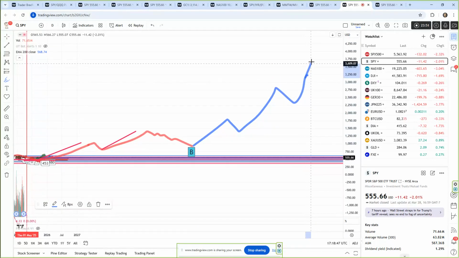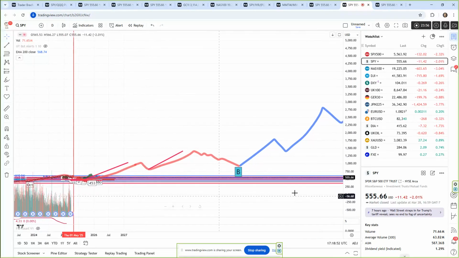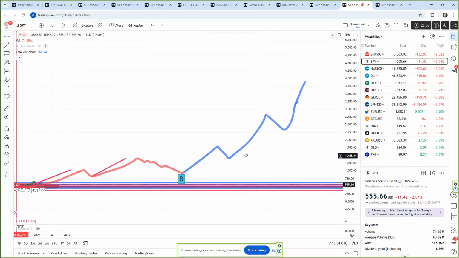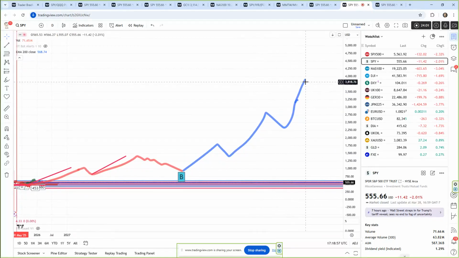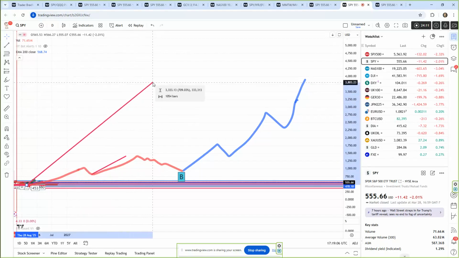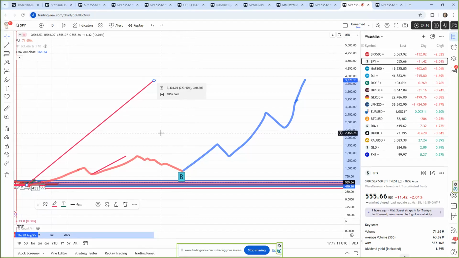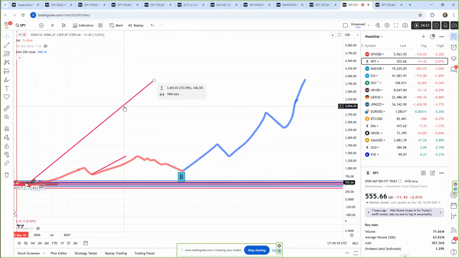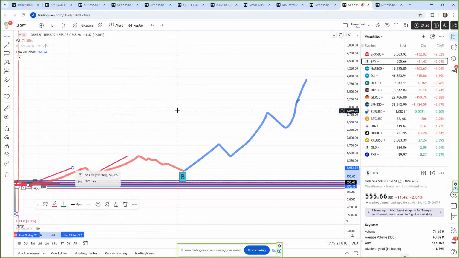Yeah, and this has got to go up a little more, right about there. So imagine we're at 555 now, and I'm telling you, we could be up at 3,800 by about 2035, 2036, about 10 years from now. How about that? That's a 720% move. What would you do if I told you that in the next 10 years, the markets could move up 700%? You think I'm crazy? Well, watch gold and silver, guys.